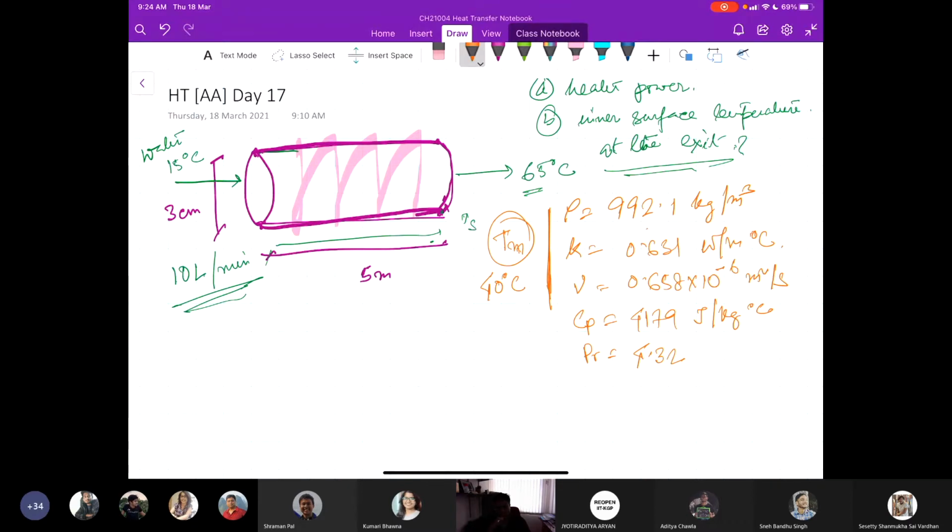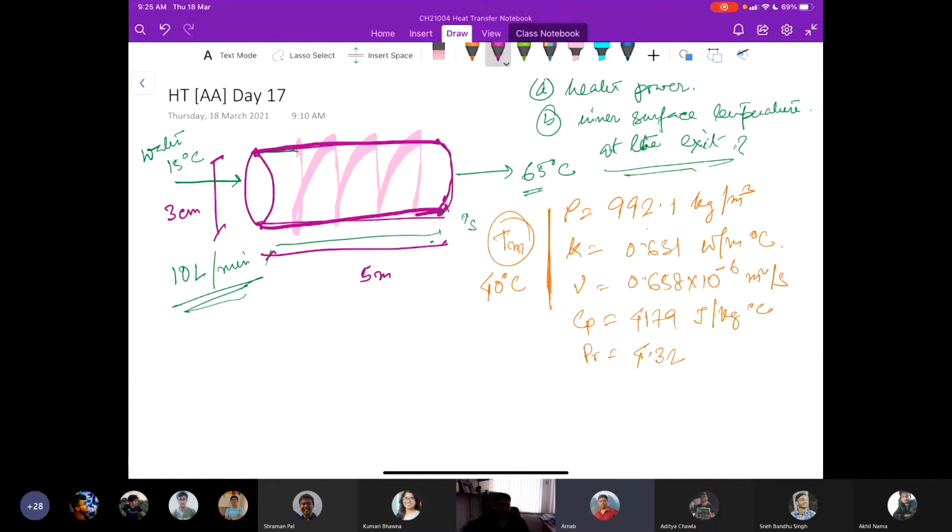So the first point is, what is my mass flow rate? Rho into flow rate, in standard units. Others are doing it? We'll call out the name then. Do not just sit idle.